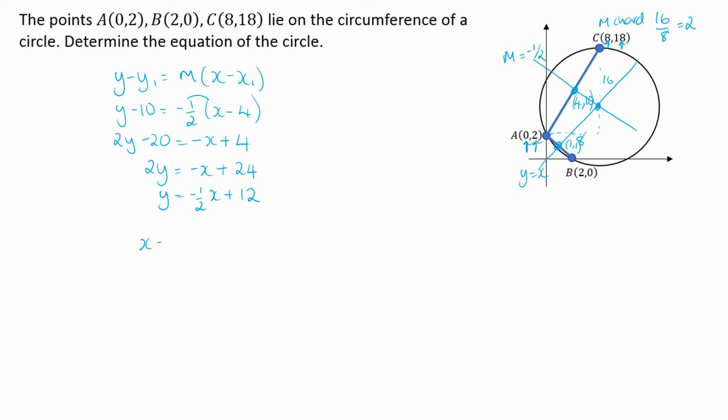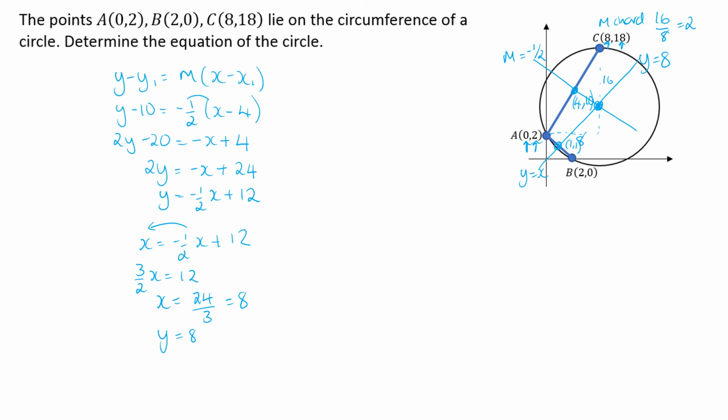So x is going to equal -1/2 x plus 12. Take this over, 3 over 2 x is equal to 12. So x will have to be, multiplying by 2, 24 divided by 3, which is 8. Now I can see that where the two meet has got to be on the line y equals x. So we can see that the y coordinate also has to be 8.